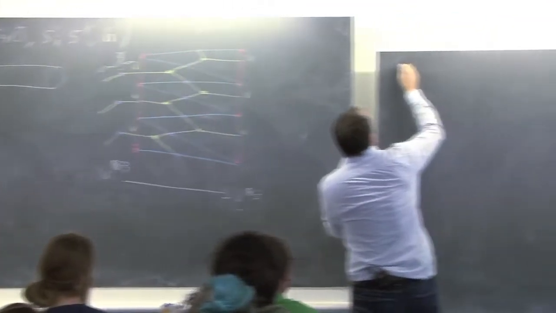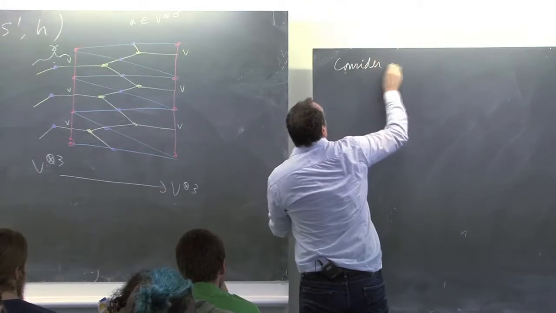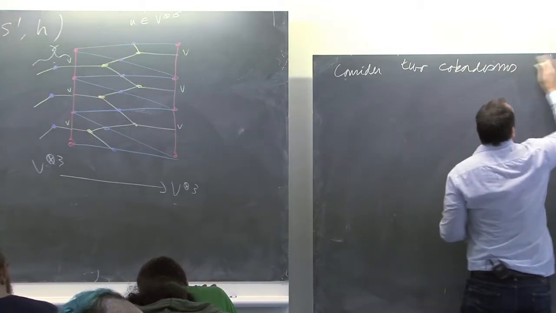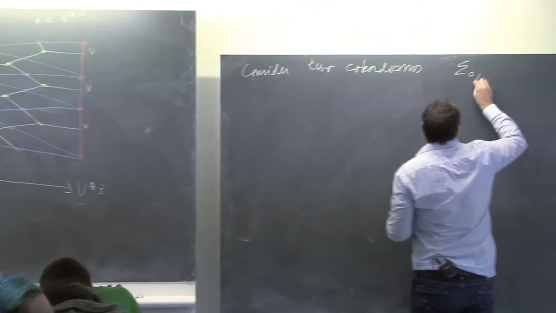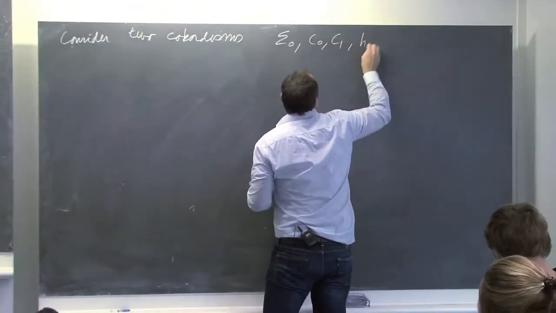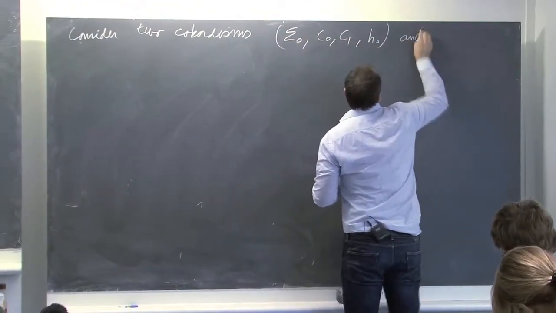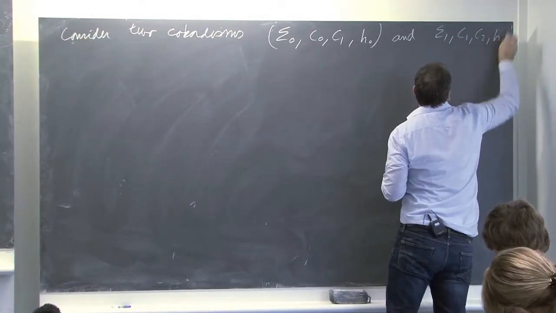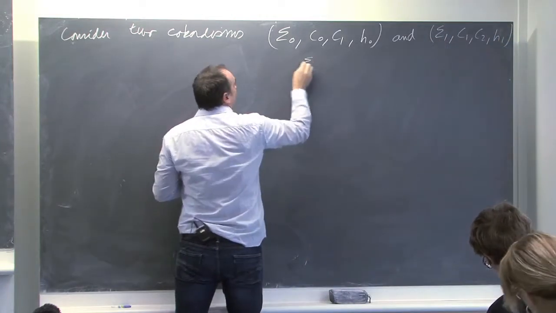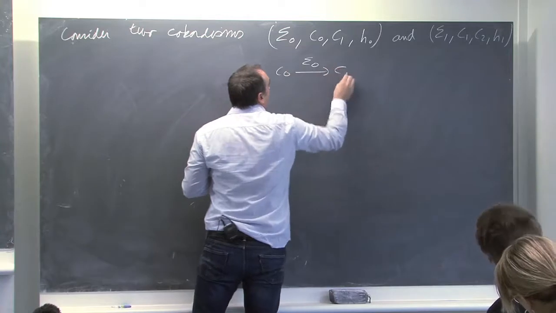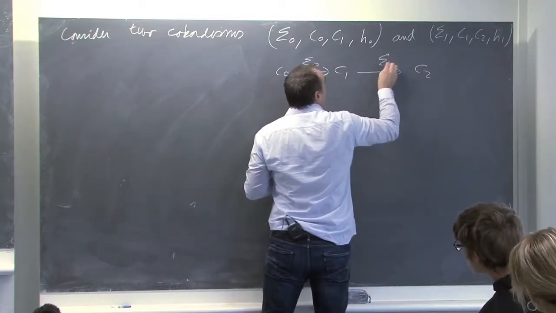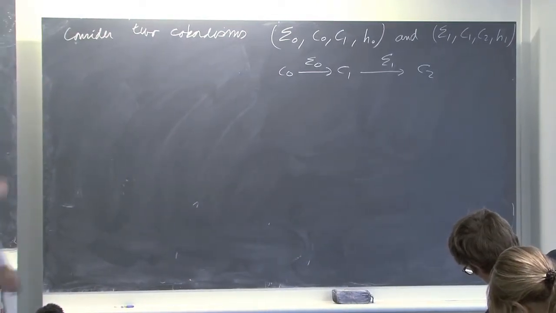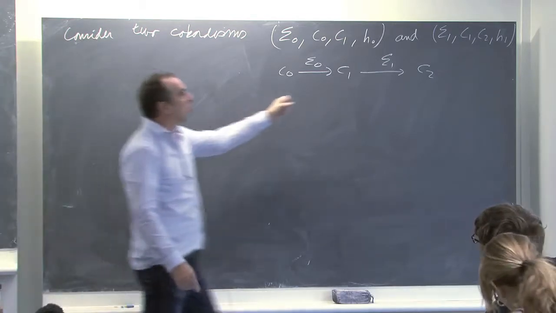So first, consider two cobordisms. Let's say sigma 0 from C0 to C1 with H0, and sigma 1 from C1 to C2 with H1. So we have two cobordisms, one from C0 to C1, another one from C1 to C2. So we want to glue along C1.